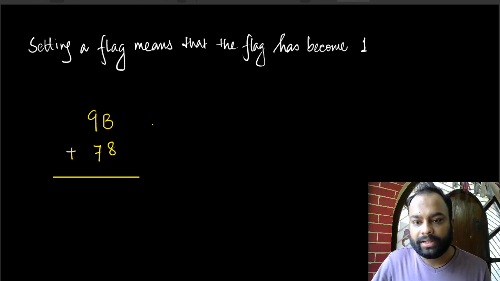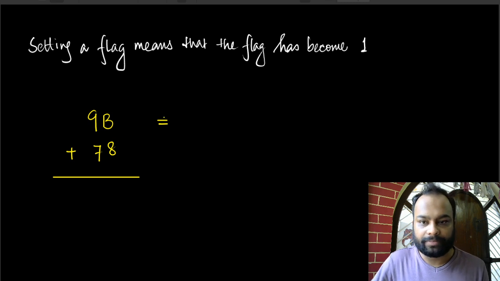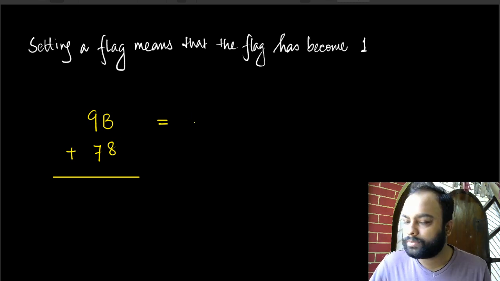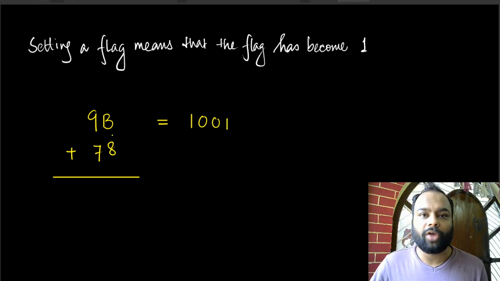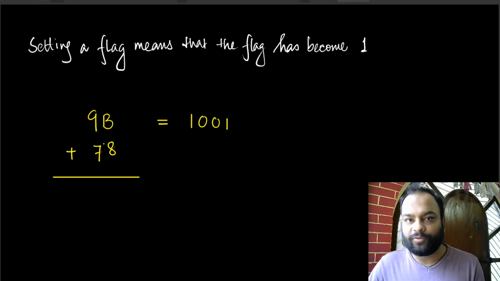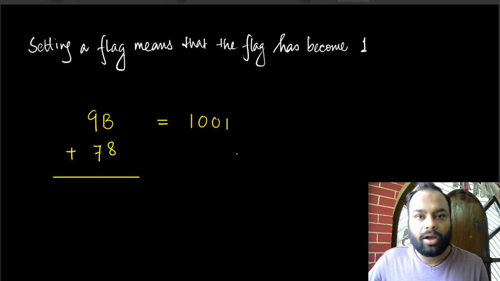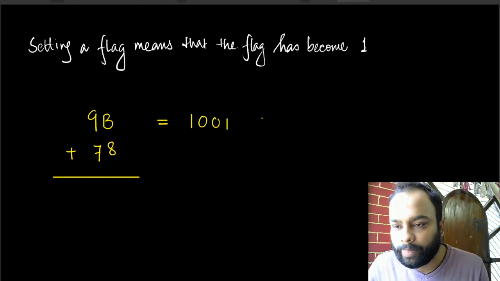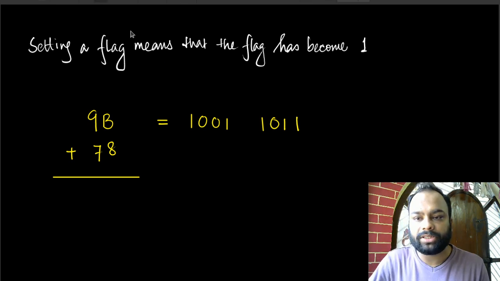What is the equivalent binary of 9? That's 1 0 0 1. And what is the equivalent of b? Of course, b is 11.